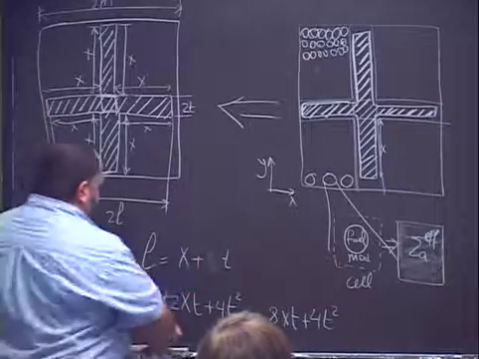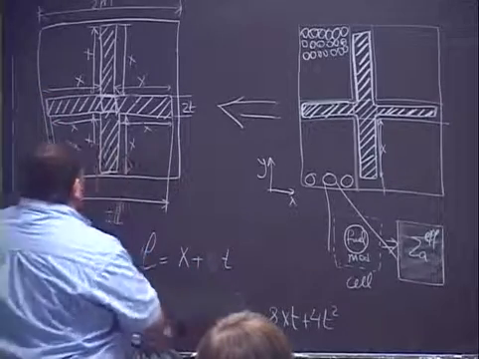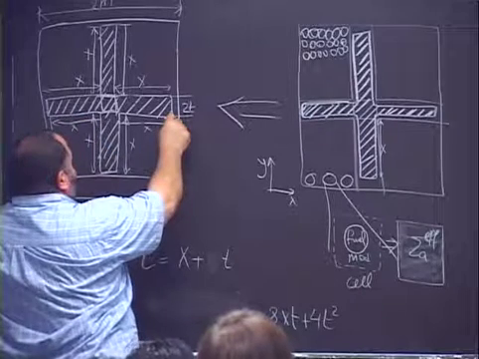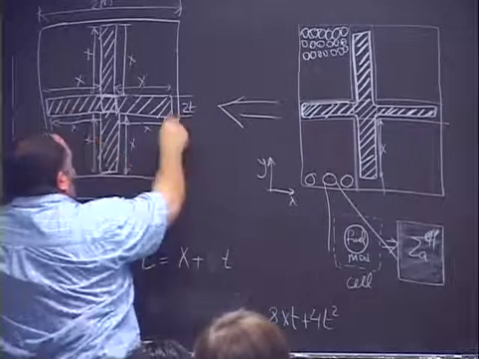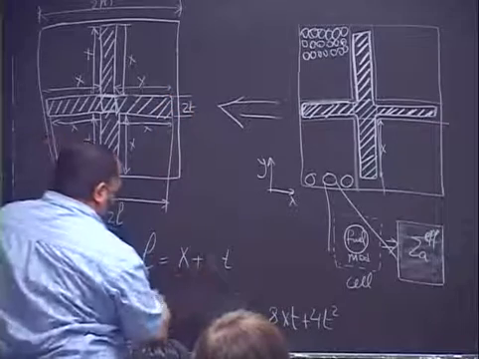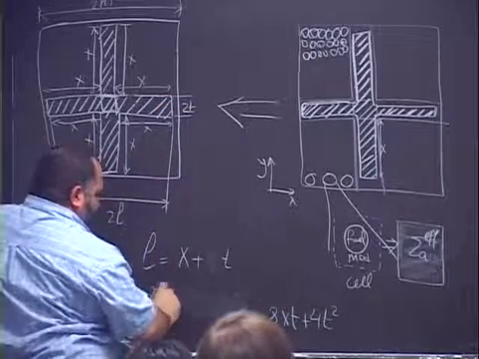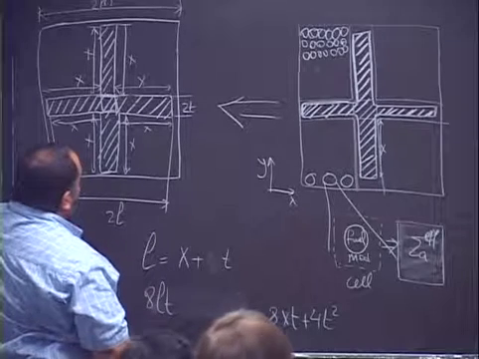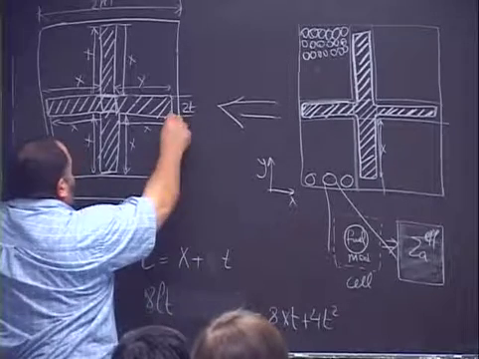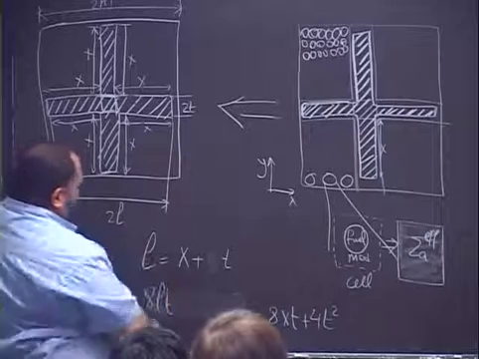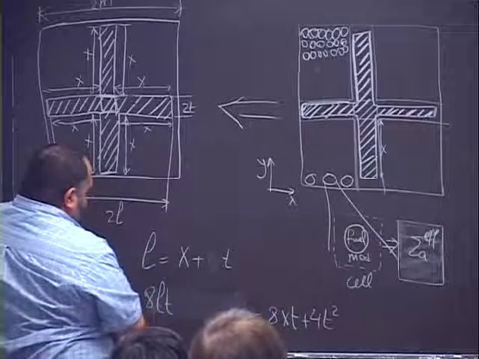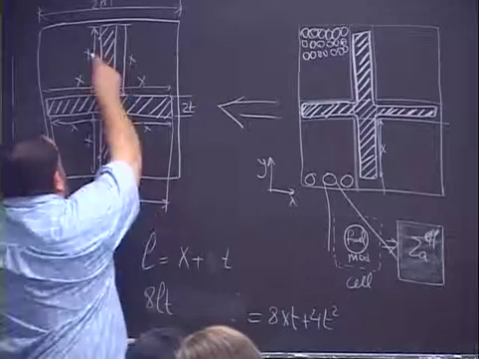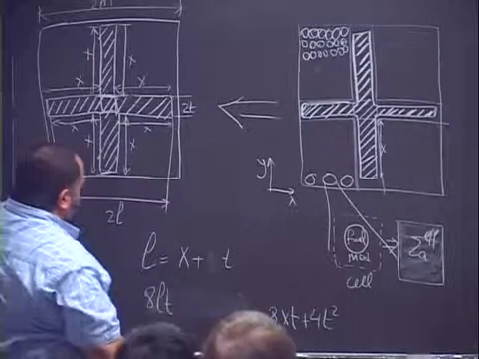Instead of this, I will make it, this is 2L, yes? 2L multiplied by 2t is what? 8Lt. Yes? This is 2t and this is 2L. So this is 8Lt, and then I have another 8Lt?